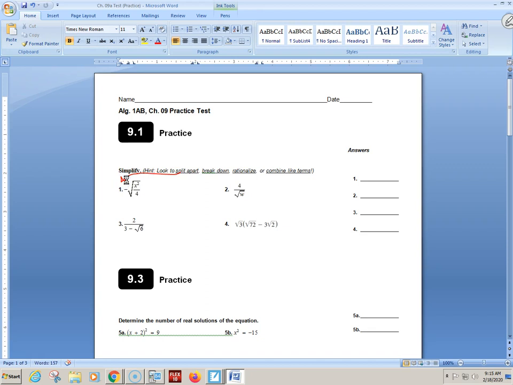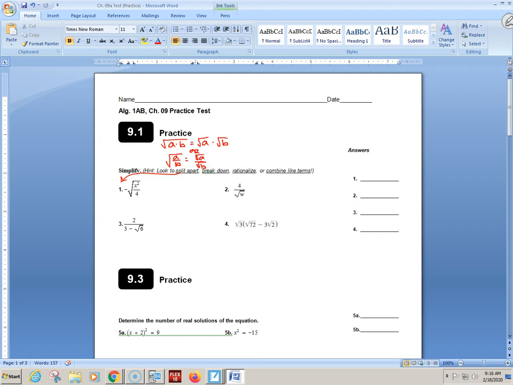It was a property of radicals where it said that if you have the radical of A times B, we can split it up to be radical A times radical B, or if we have A over B, we could split it up to be radical A over radical B. Why is that helpful for number 1?